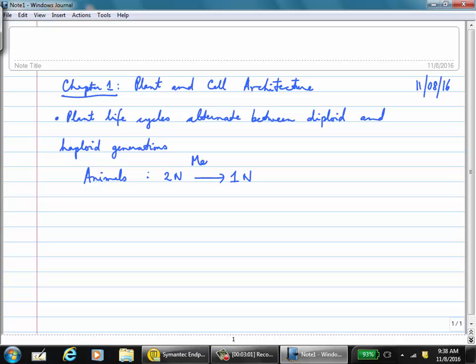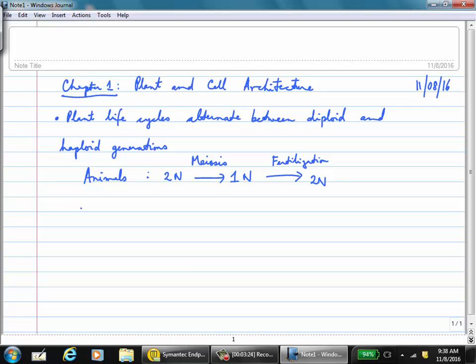You all already know all of this stuff. And then to get back the diploid organism, you're going to have 2 gametes of opposite type. There'll be fertilization, and then you will get back to a 2n organism, and then there'll be repeated mitosis. So that's the life cycle of an animal.